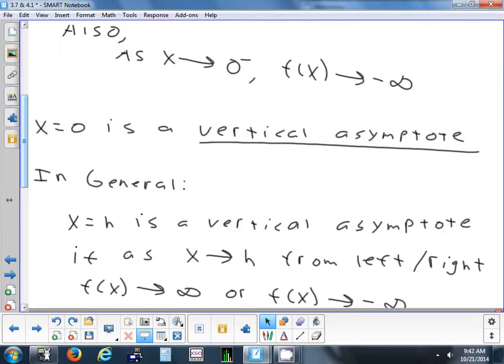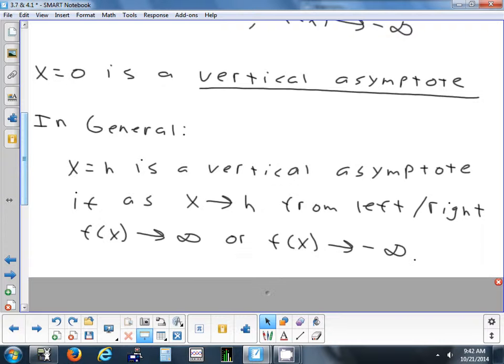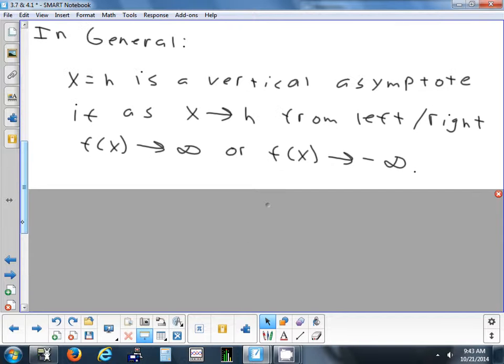Those are your vertical asymptotes. I already said this idea earlier: x equals h is a vertical asymptote if, as you approach h from either the left or the right, the y value shoots up to infinity or negative infinity.